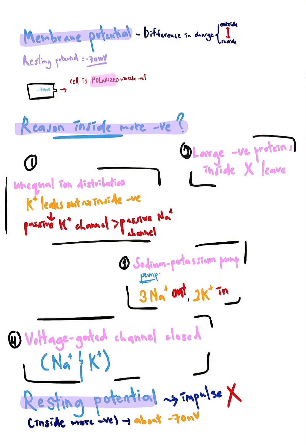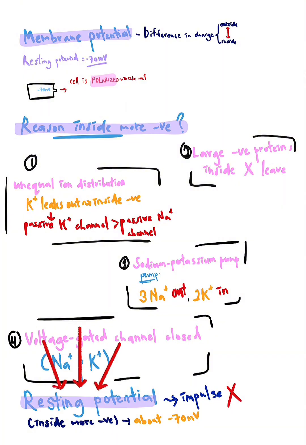Next is the sodium-potassium pump. This is because 3 Na+ are pumped out while 2 K+ are pumped in, which means more positive ions are pumped out than pumped in, causing the inside of the cell to become more negative. The last reason is that the voltage-gated channels are closed.